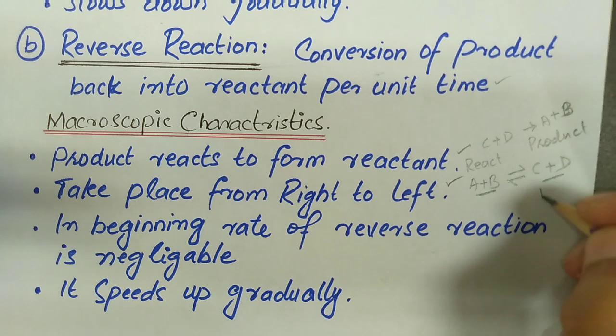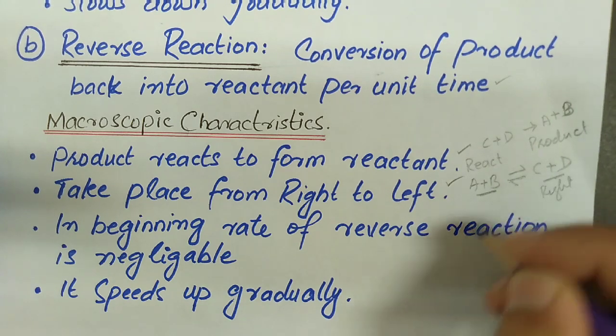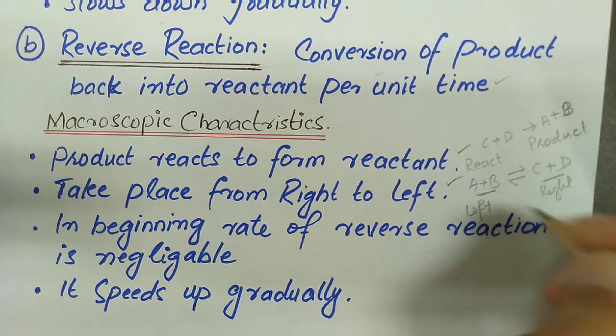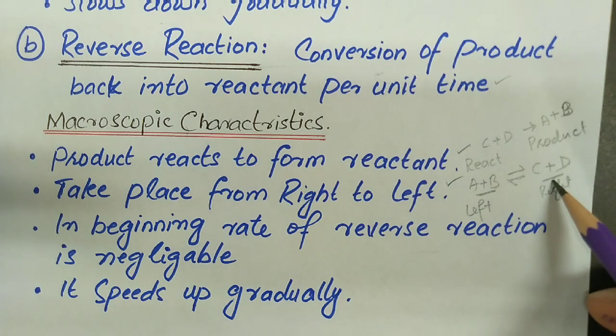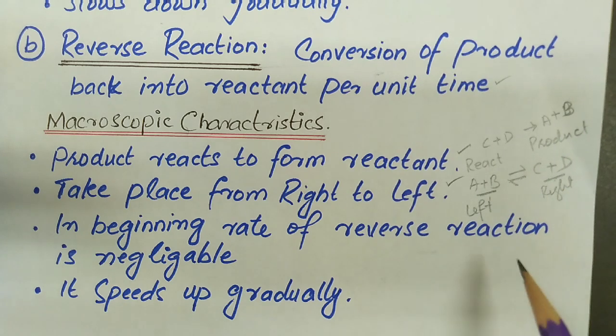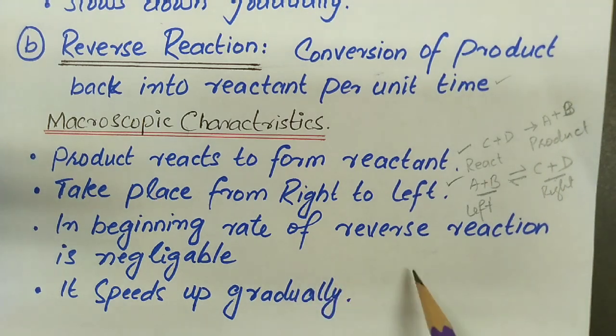So, C plus D is on the right side and A plus B is on the left side. So, the reverse reaction is generally represented as taking place from right to left. In the beginning, the rate of reverse reaction is negligible, as you have already seen in the graph. In the beginning, it is almost equal to 0, and it speeds up gradually with the passage of time.